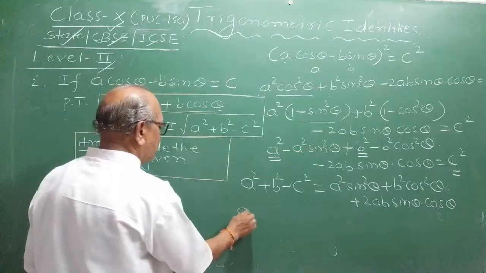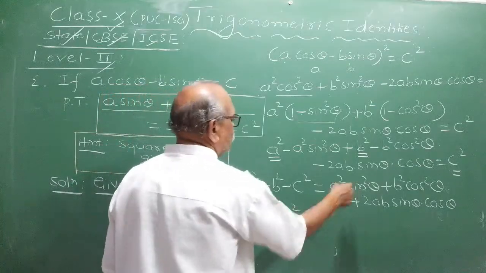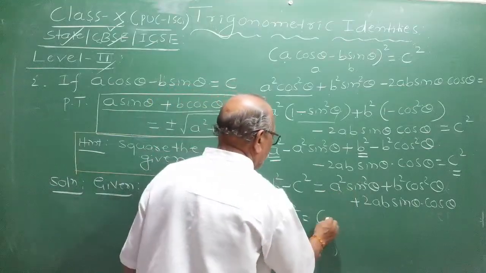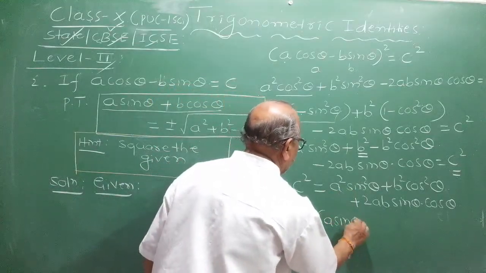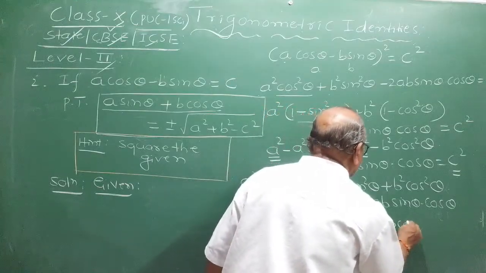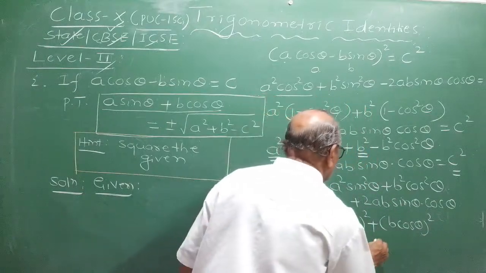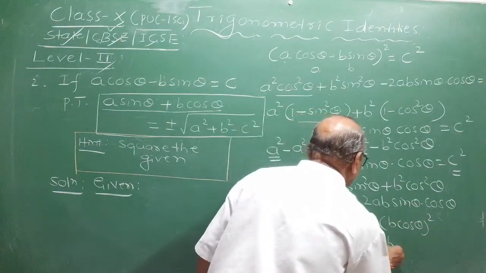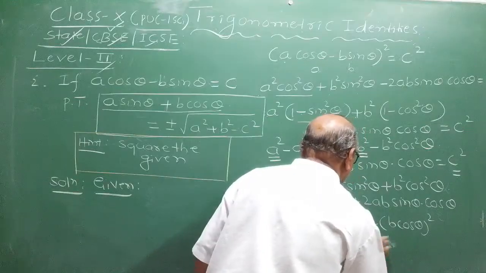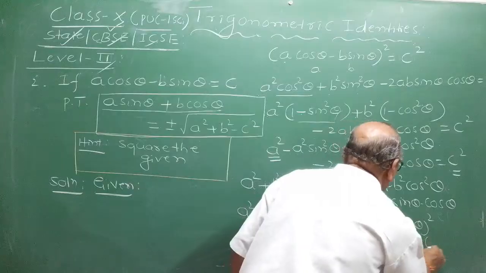Now what you get is a square plus b square minus c square. Can you observe that this is the expansion of a sin theta square, means a square, plus b cos theta square plus 2ab, or you can take 2 times a sin theta into b cos theta.